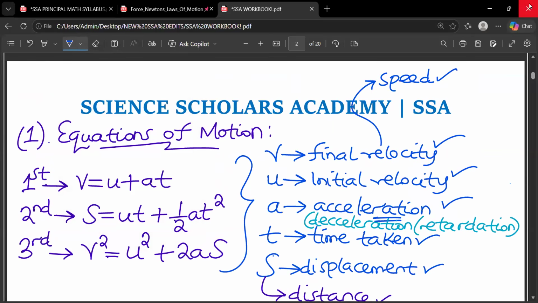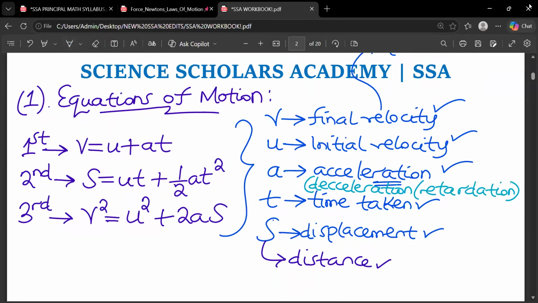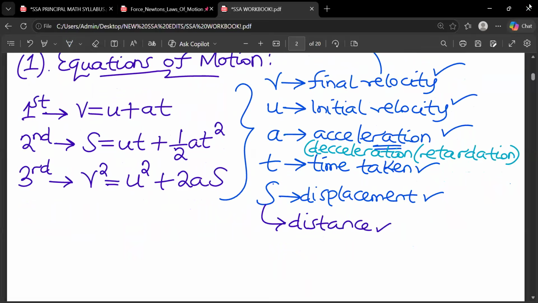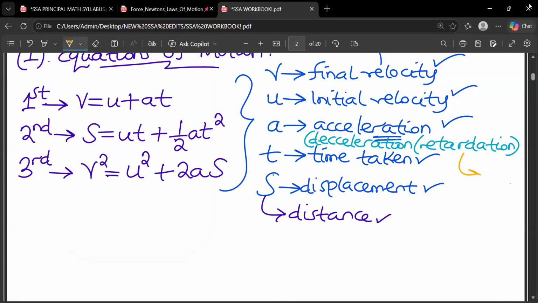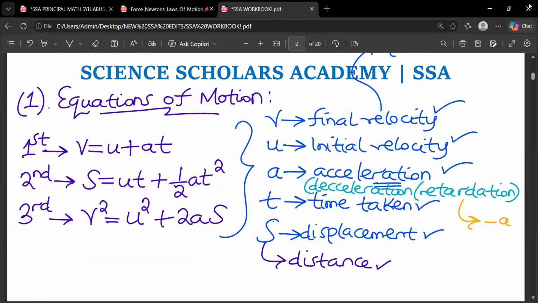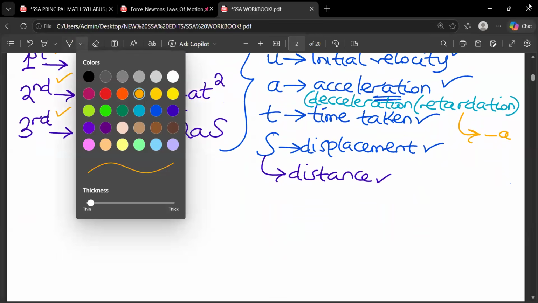When they use displacement, you know that is distance in a specific direction, so that you are well conversant with everything. Those are the equations of motion in order: the first one, the second, the third. If you need more information, you just go to that class I referred you to.